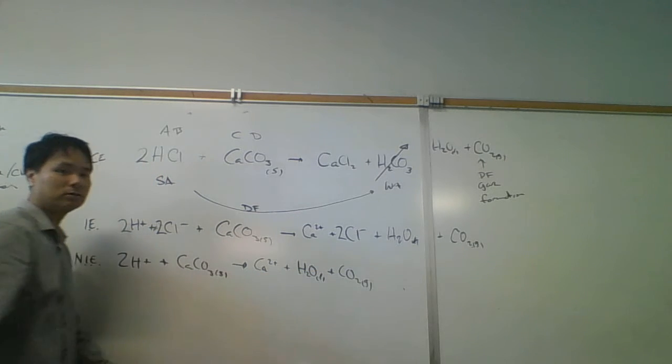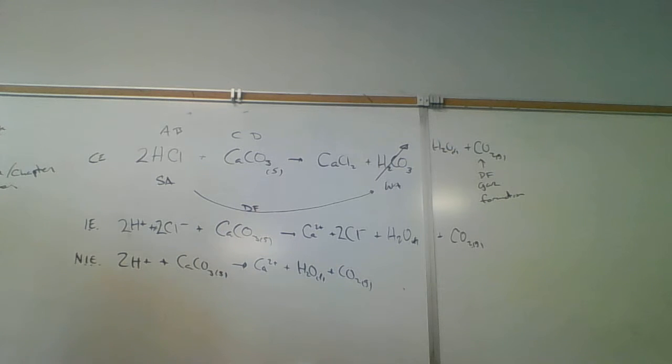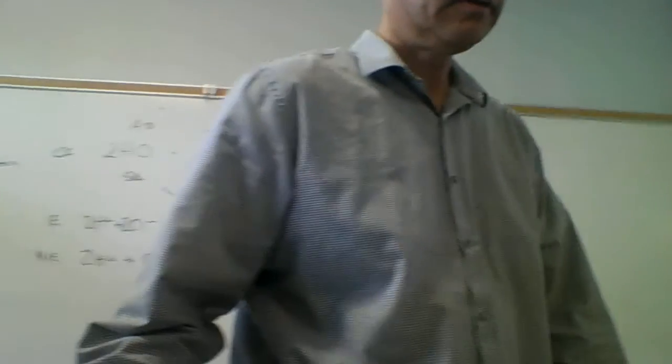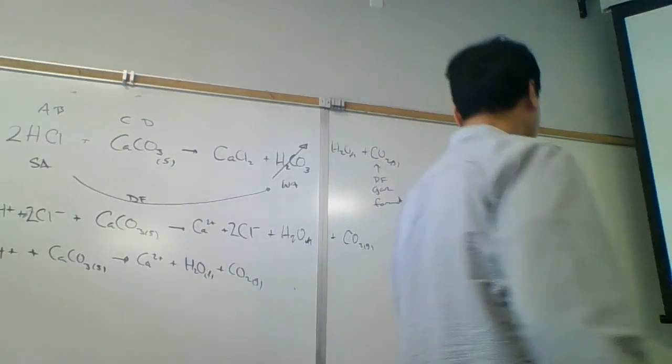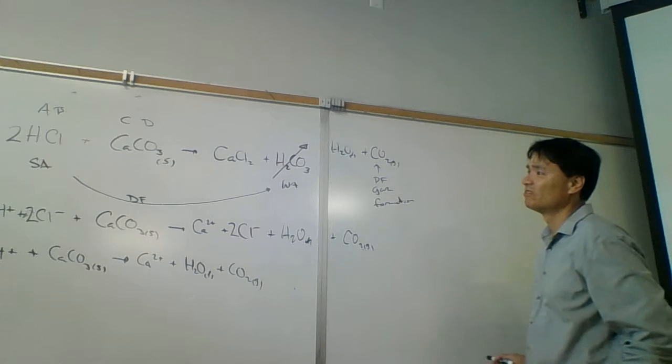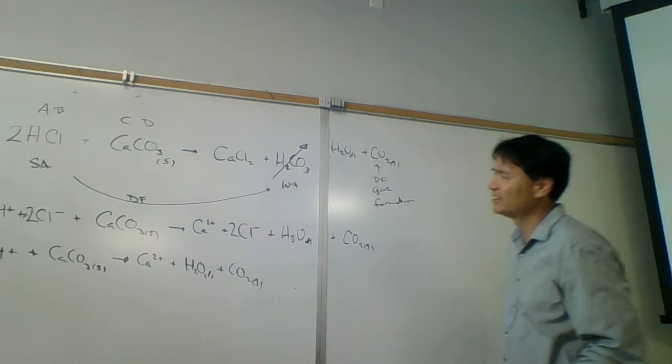Plus 2 and plus 2, the charges are balanced. And so it looks good, and we have the driving force in this case. Okay, this is an example of metathesis, double replacement.